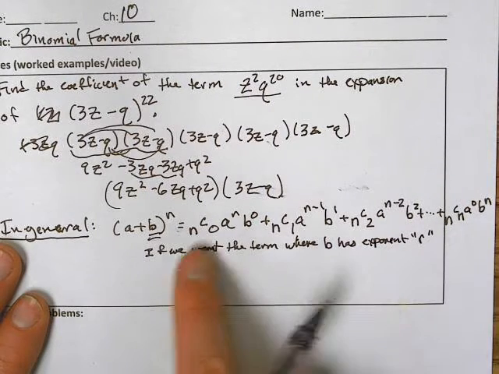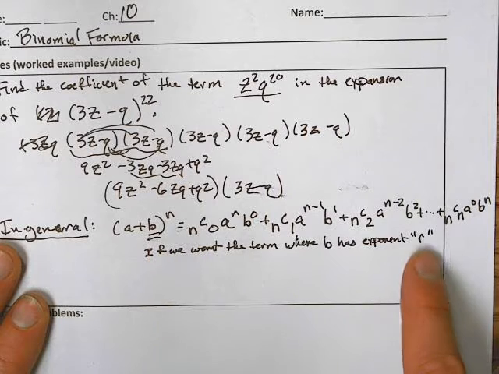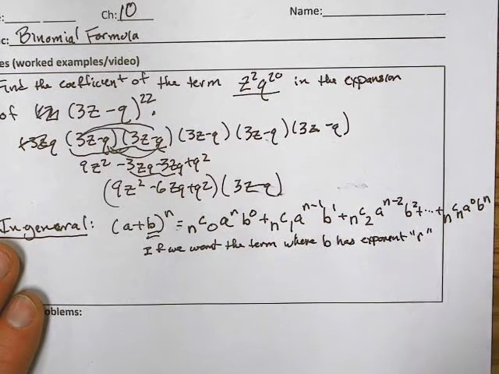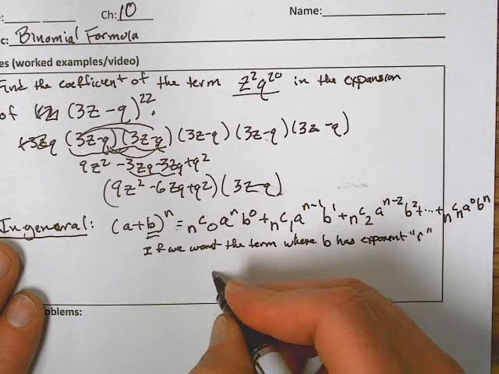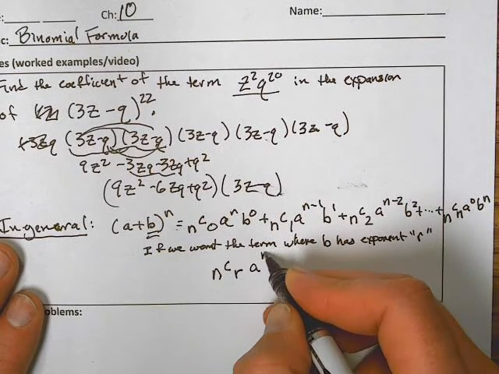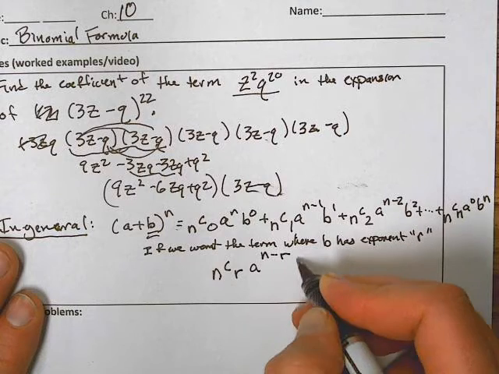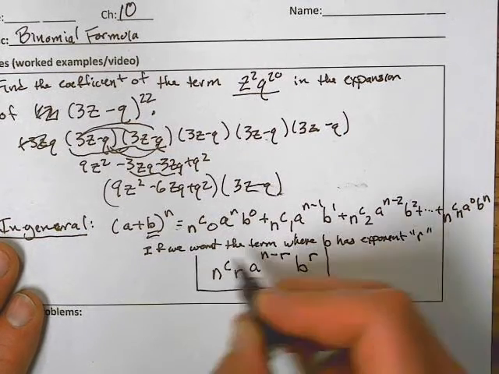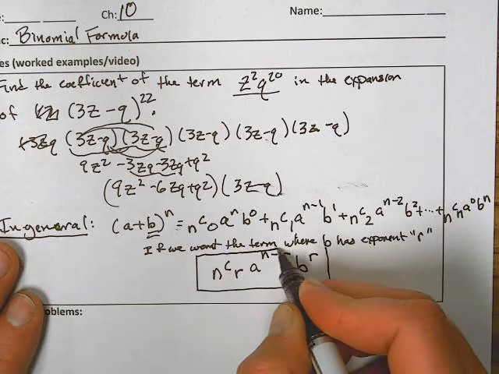So we want a very specific term where the b has a specific exponent. Now again, it's going to be an actual number in a problem, but if we want this specific r-th term, we're just going to use this: n choose r, a to the power n minus r, b to the r. So this is going to be the one that's going to be our moneymaker for this problem.